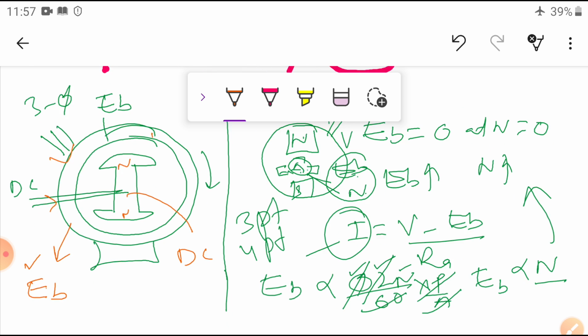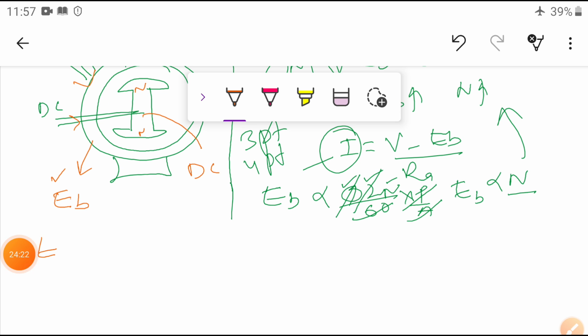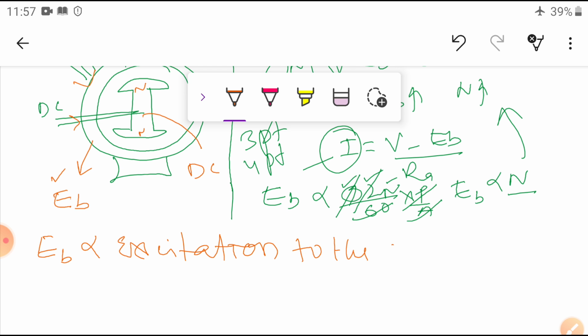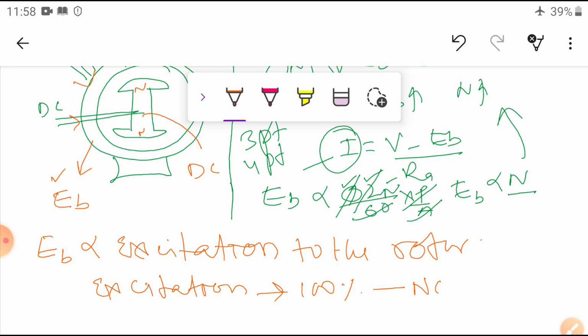Now in this case, the back EMF EB is directly proportional to the excitation to the rotor. That means we require the DC supply to produce the north pole and south pole of the rotor. If the DC source given to the rotor is 100% of the rating of the motor, that is called normal excitation.